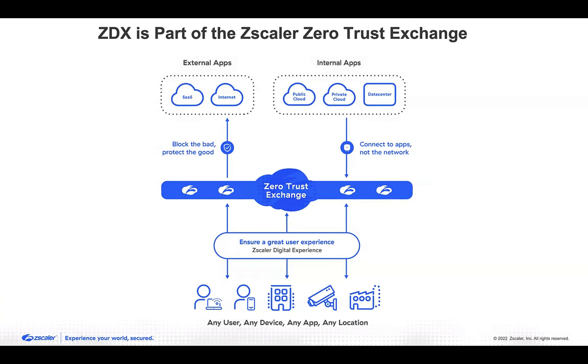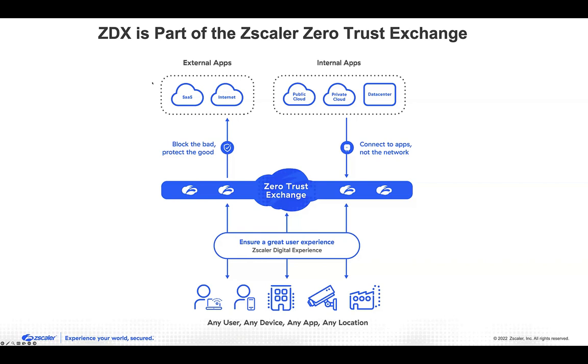Now, the Zscaler Zero Trust Exchange is a cloud-native platform that acts like a kind of switchboard. So it verifies your identity and the context. It applies the controls to ensure that you're not carrying any threats or leaking any sensitive data, and then enforces policies to determine whether to connect you to the destination resource or not.